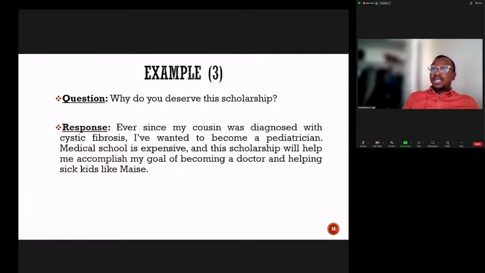There was a motivation behind why they want the scholarship. Someone in their family was diagnosed with cystic fibrosis, and that was the motivating factor for them to become a doctor. And the person explained that because medical school is expensive, they need this scholarship. Yours might be different, but make sure your reasons are germane and genuine.